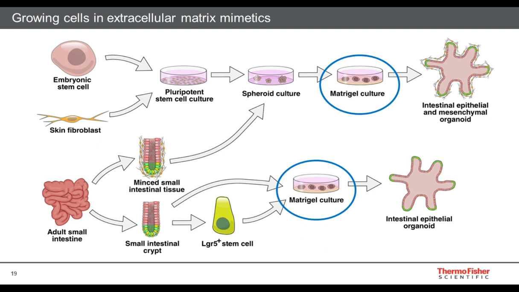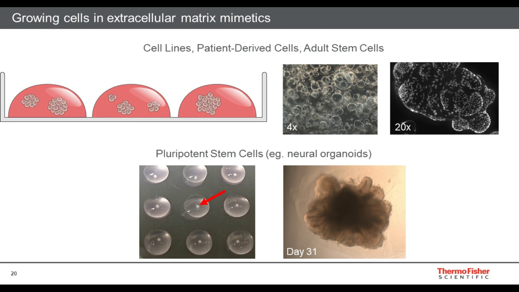Culturing, the ECM is a very important component of that system. So using materials like Matrigel or Geltrex, which contain many of the components that are normally found in extracellular matrix or matrices, are really useful in helping promote various types of model systems.